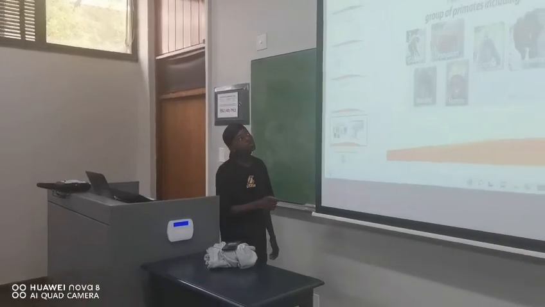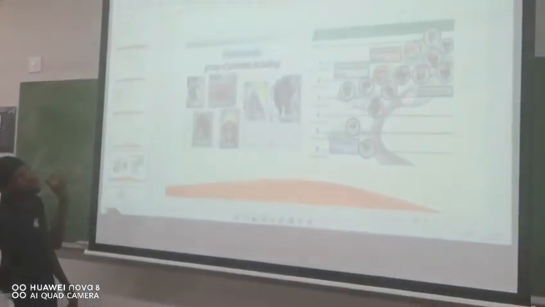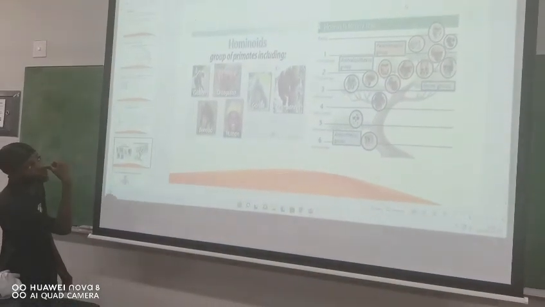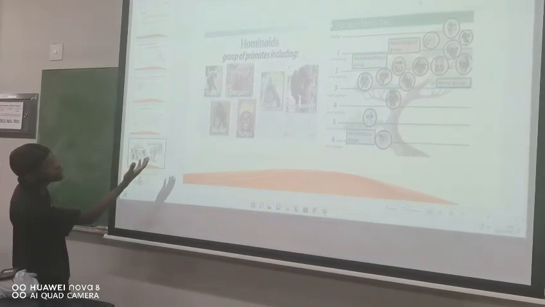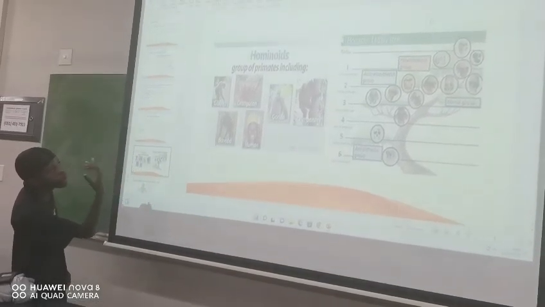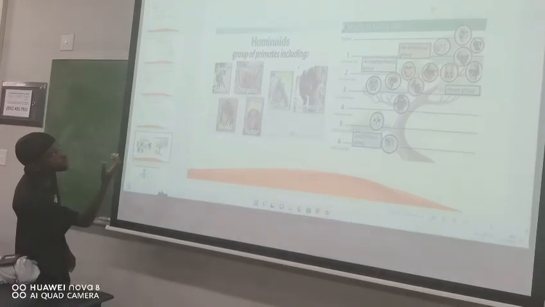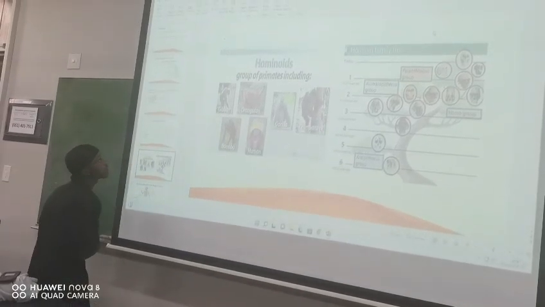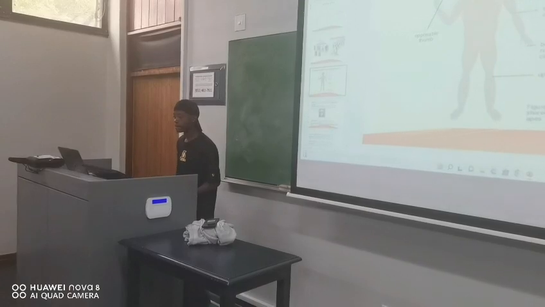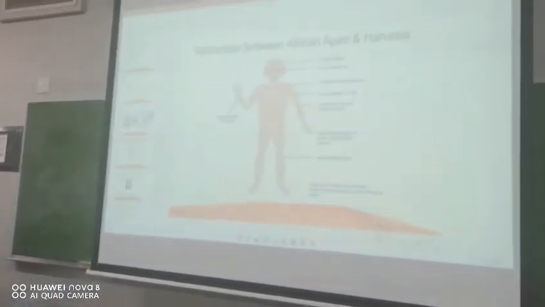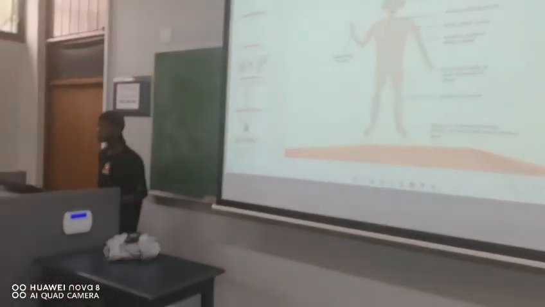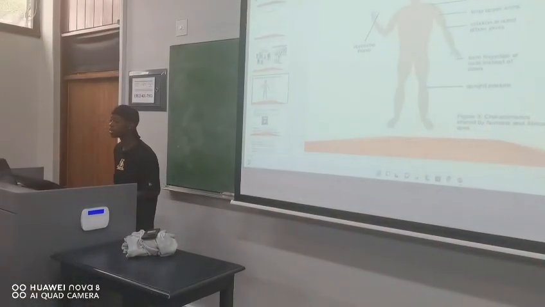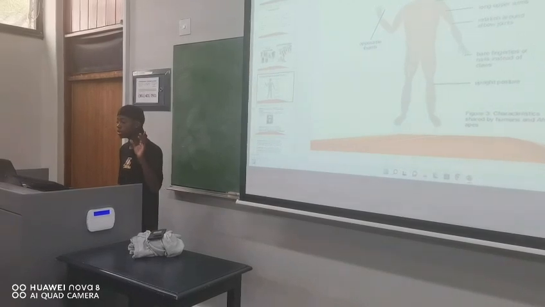This is a depiction, an example of hominids and hominins in the phylogenetic tree or a family tree. You can see the bonobos, humans, gorillas, chimpanzees, and the others. The similarities between African apes and humans lead us to the conclusion of classifying them as hominids.